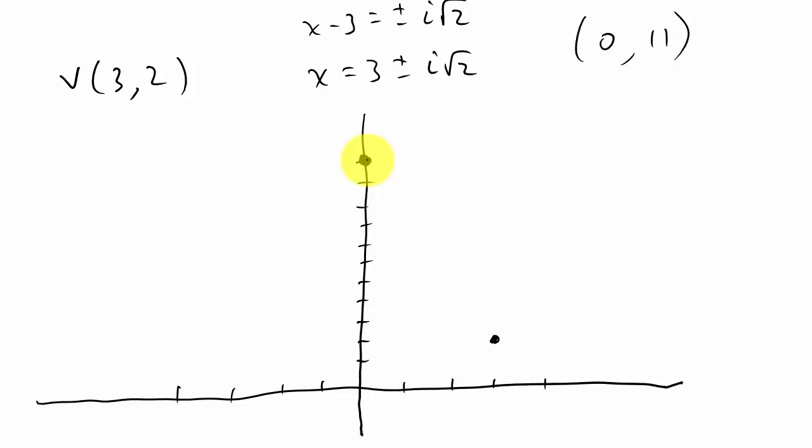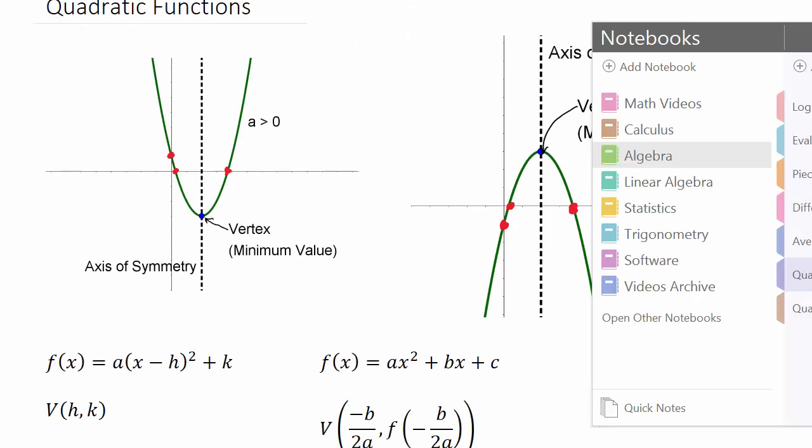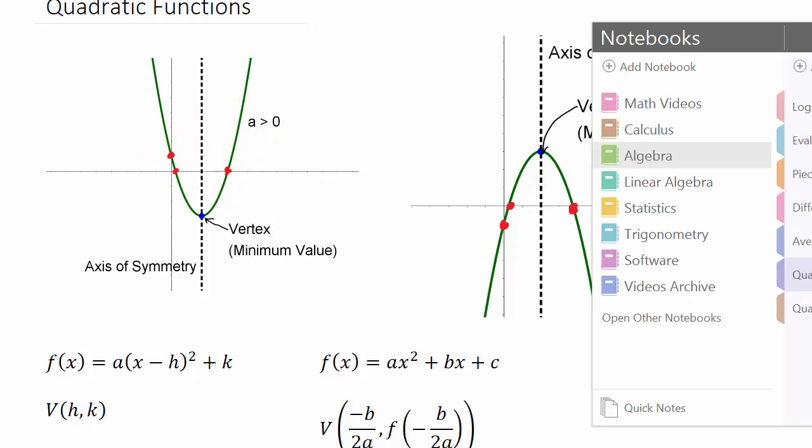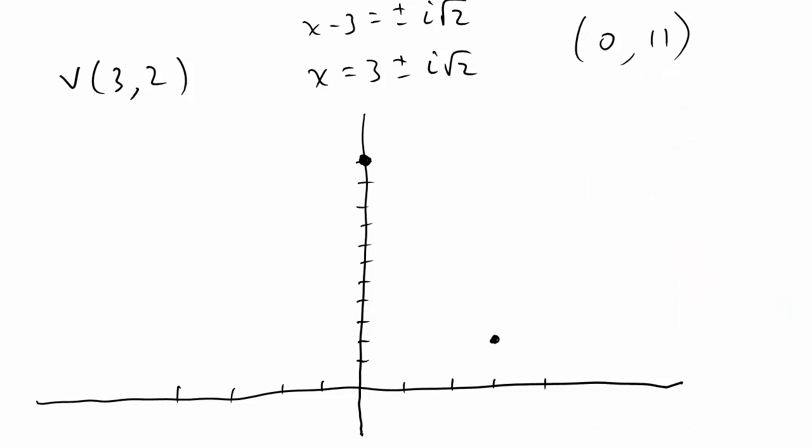Okay, now we only have 2 points, so what do we need to do? Well, if you remember how we talked about the axis of symmetry, that this thing's a mirror image? Okay, so what we're going to do is mirror the point over. Let's go ahead and draw our axis of symmetry. Okay, and let me add some more points. All right, so now let's mirror the point over.